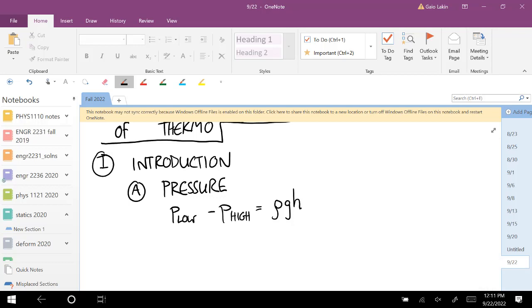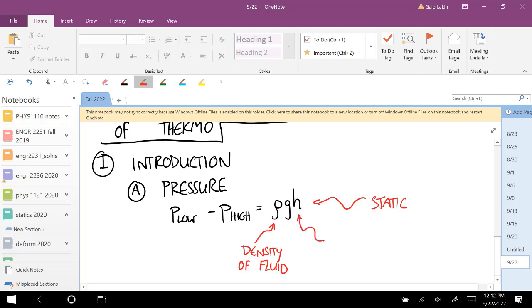This is for a static fluid. Rho is the density of the fluid. g is the acceleration of gravity, and h is the difference in heights.